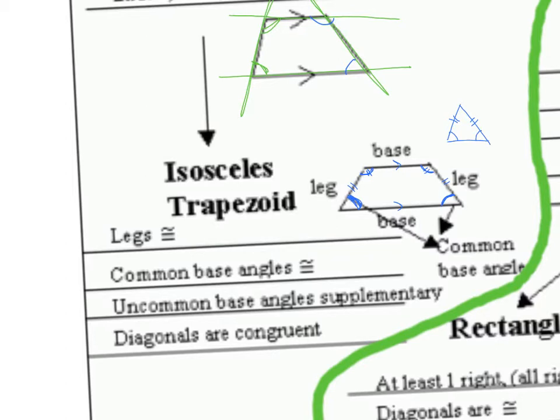Just like an isosceles triangle, the bottom angles are congruent, the top angles are congruent. Consecutive angles, so what I mean by consecutive are one right after another, because these lines are parallel. Just like the trapezoid up top, these angles here equal 180 because they're consecutive interior angles.